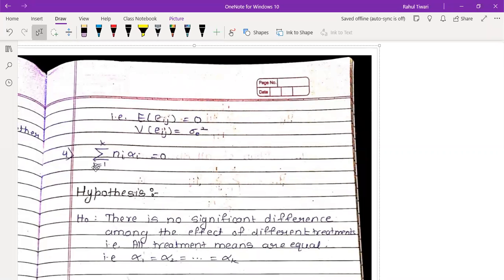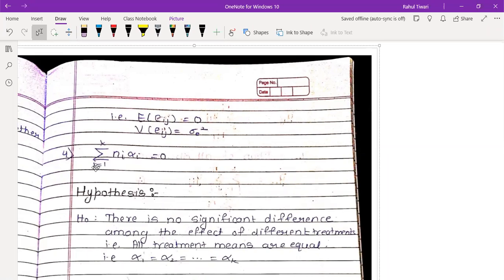When you look at this assumption, it tells something about the contrast. And these assumptions we will look at at the end of the chapter in factorial design, how this particular contrast works.